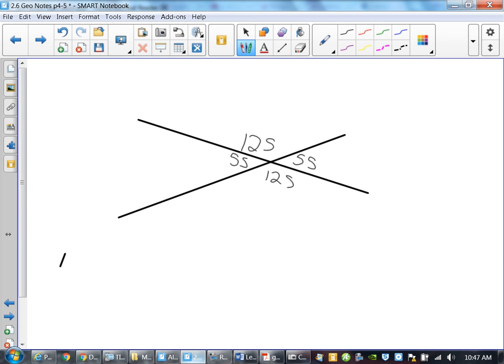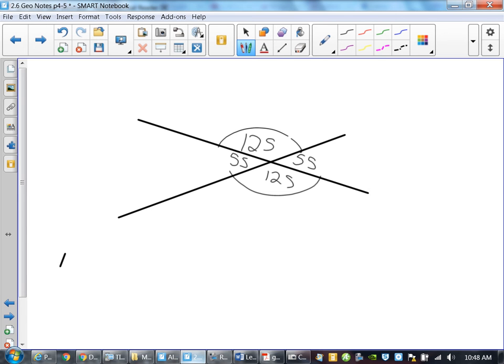So basically what happens here, guys, is that no matter what, the most you can get when two lines intersect are 2 different angle measurements. They're repeated across from one another. Vertical angles are ones that are opposite each other, up and down, or sideways.